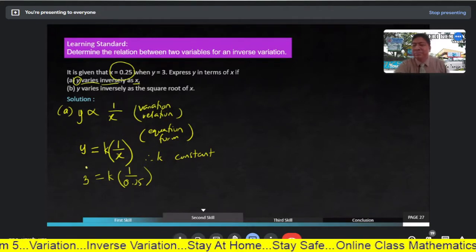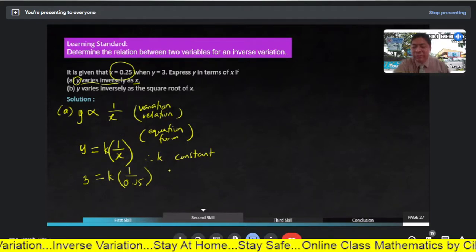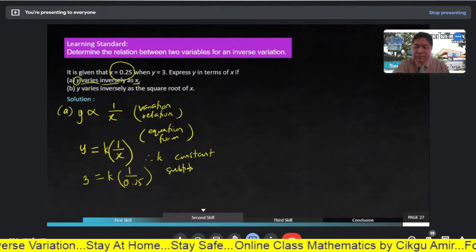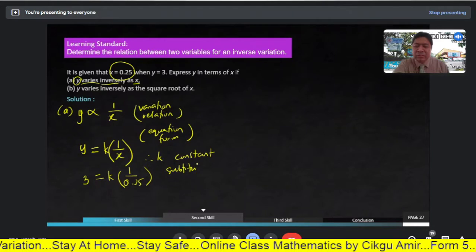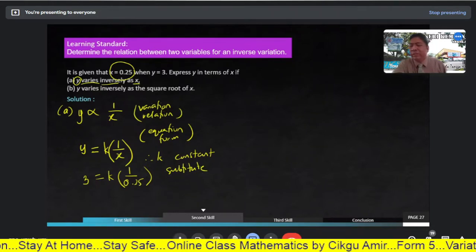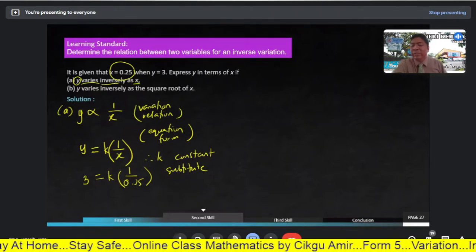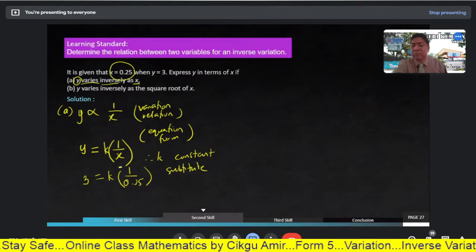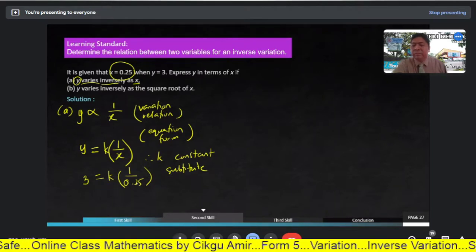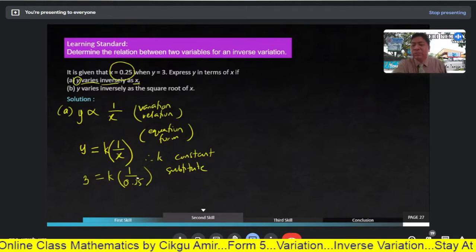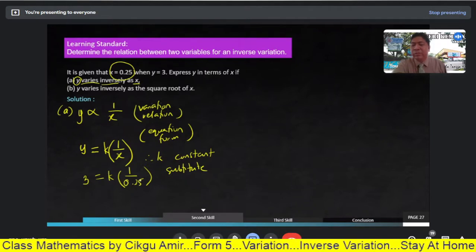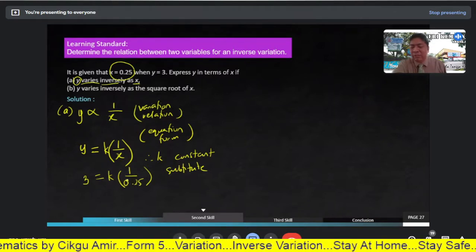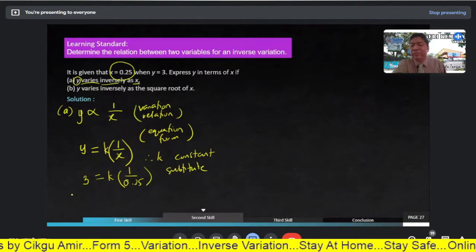Please substitute the value. We want to find k. Okay, so the 0.25, or 1 over 0.25, will move to the left.